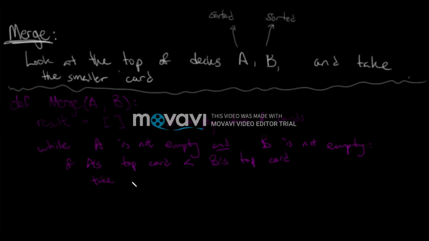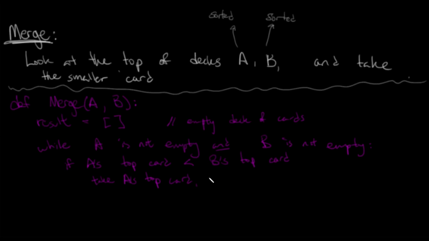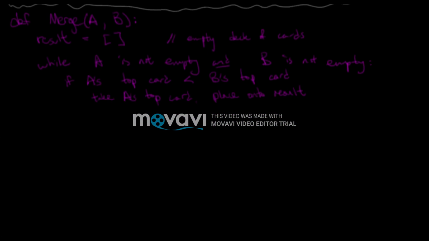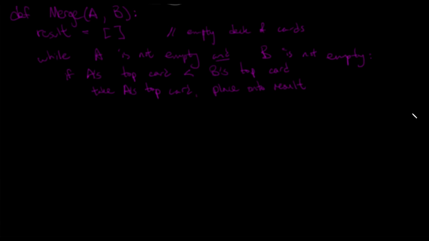We're going to take A's top card and we're going to place it onto our result deck. If we were treating this as an array, this place onto would look something like the append operation. So what's the other case that could happen here? We're going to put an else statement.